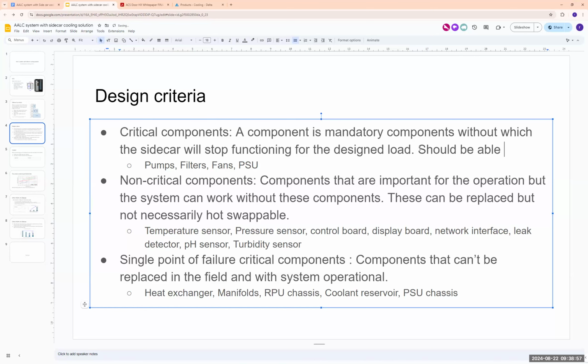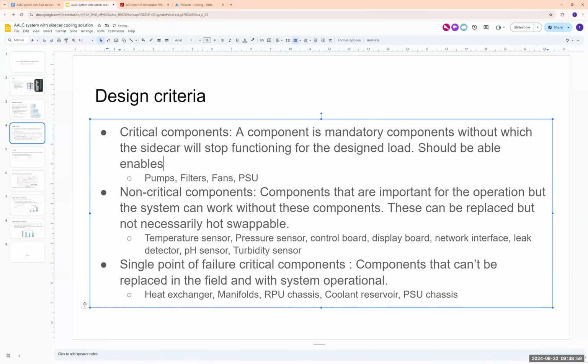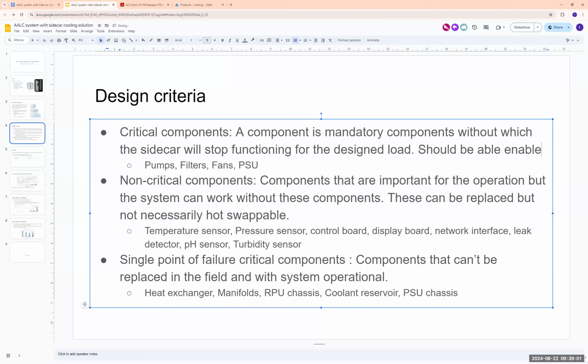Usually the critical components should be redundant. I think hot swappable is not a criterion, but a criterion is to have redundant components in case one fails.